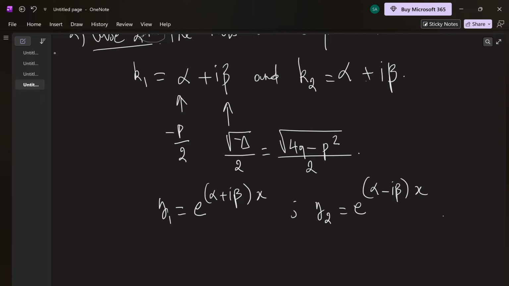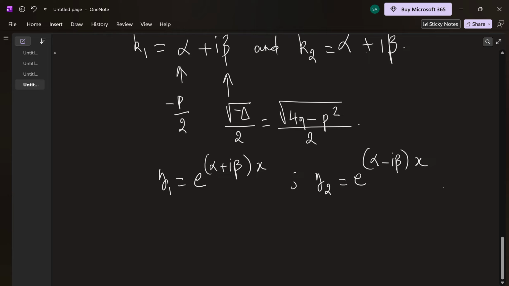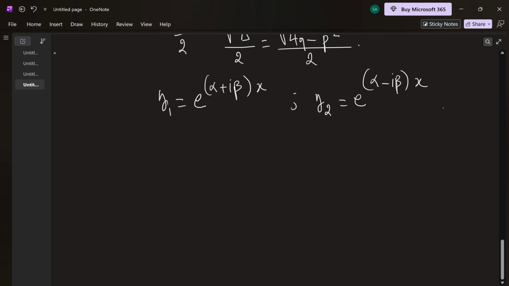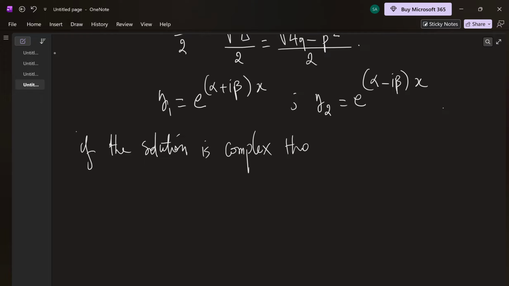Okay, now if we consider the solution as complex, that is y is equal to some function u of x plus i times some function v of x.